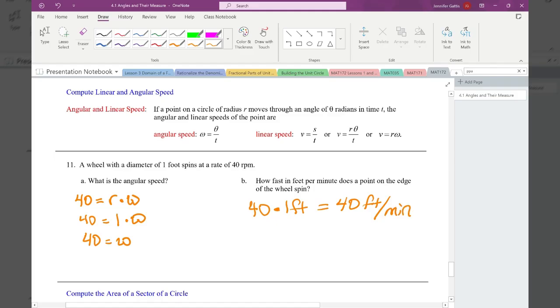And I will say we're not going to do a whole lot with linear and angular speed. I just wanted to kind of expose you all to that, but not a super important concept.